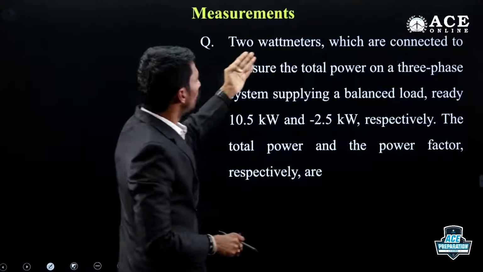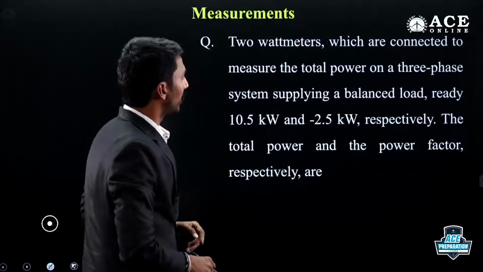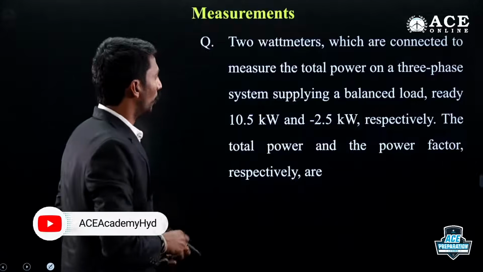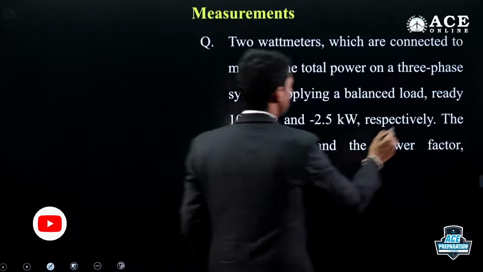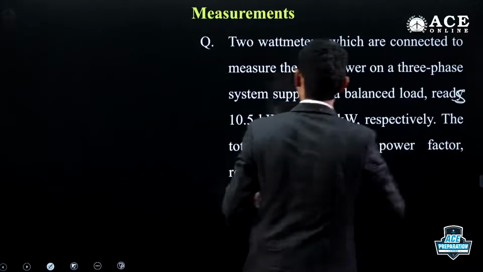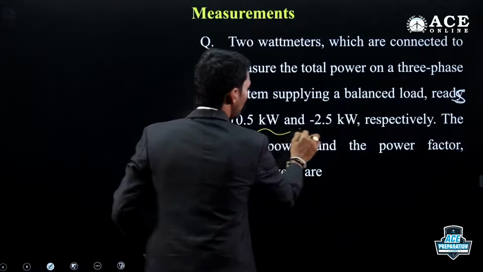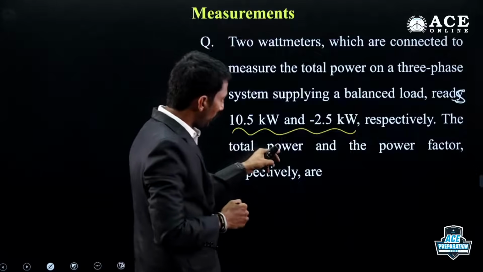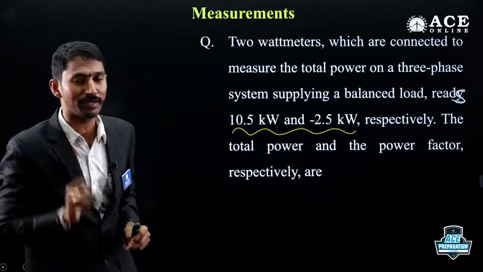Two wattmeters which are connected to measure the total power on a 3-phase system supplying a balanced load, reads 10.5 kilowatt and minus 2.5 kilowatt respectively. The total power and the power factor respectively are dash. Very, very important.